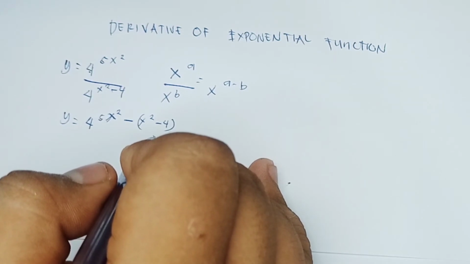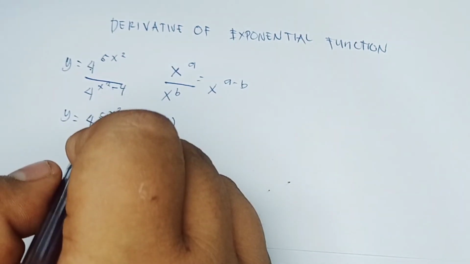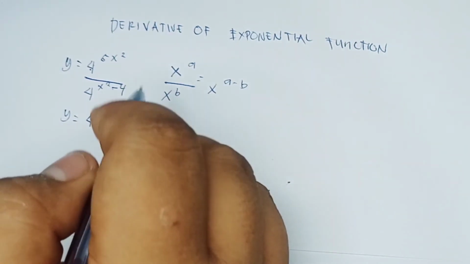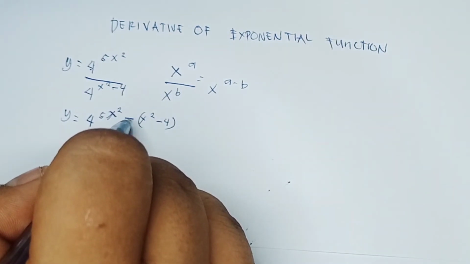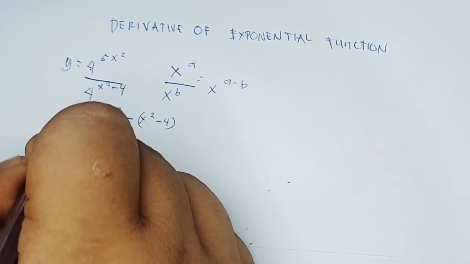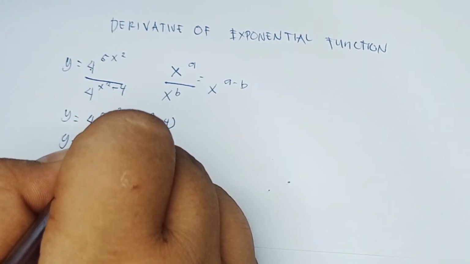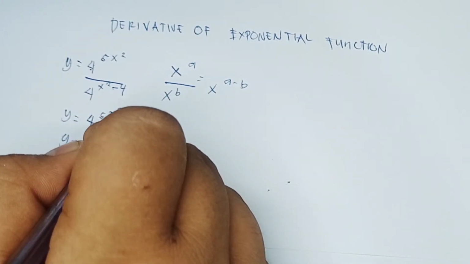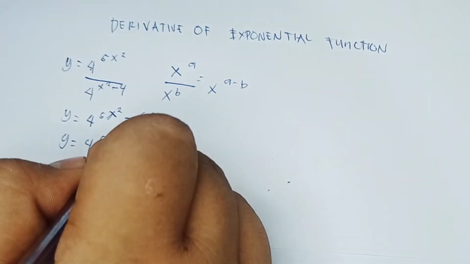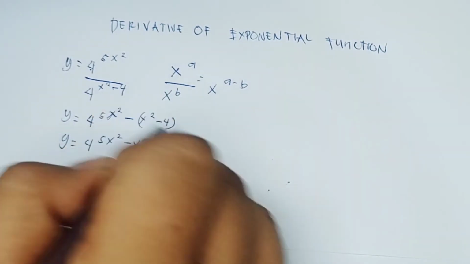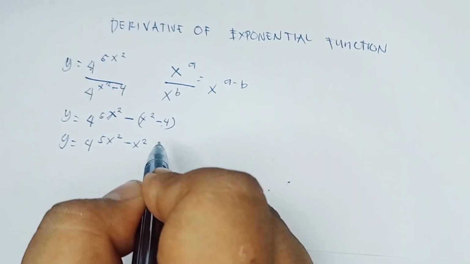After that, we have to simplify it. We have to distribute this negative sign to the inside portion of the term. Y is equal to 4 raised to 5x squared, negative times x squared equals negative x squared, negative times negative 4 is equal to positive 4.